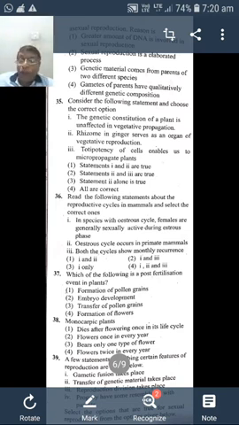There are two types of reproductive cycle. One is estrus cycle, another is menstrual cycle.